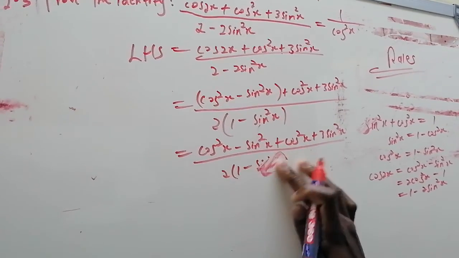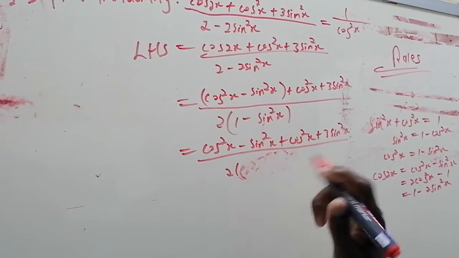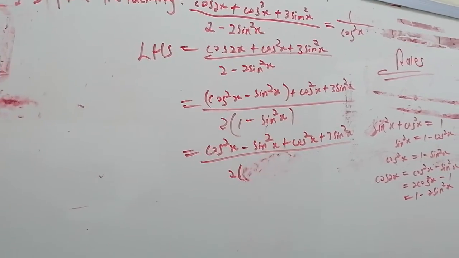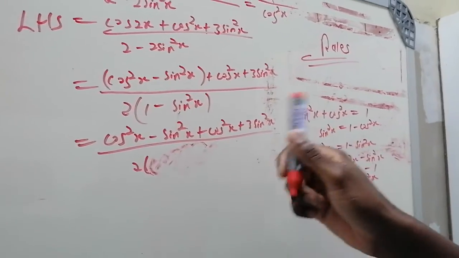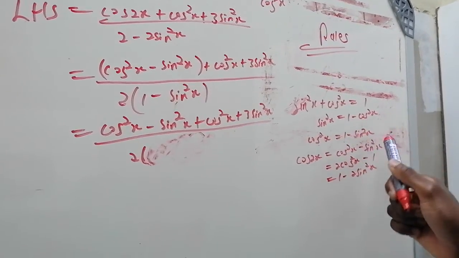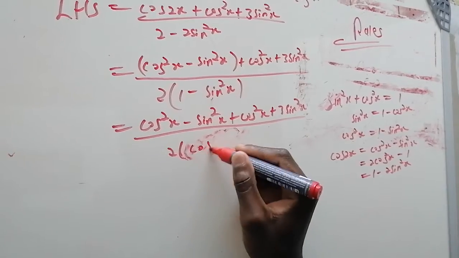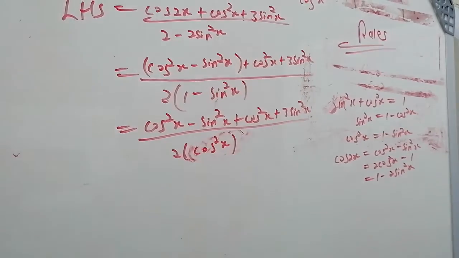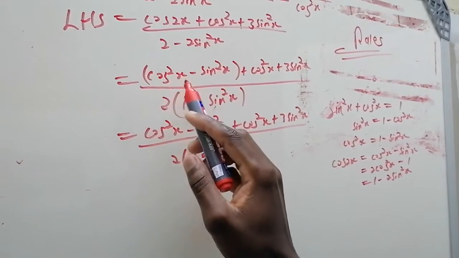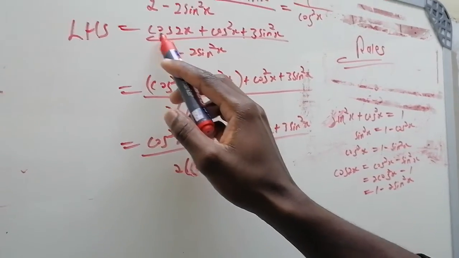Oh, let me change this one. As you see here, 1 minus sine squared x is equal to cos squared x. Let me replace this part here. It will be equal to cos squared x, and here cos squared x minus sine squared x is equal to cos 2x.